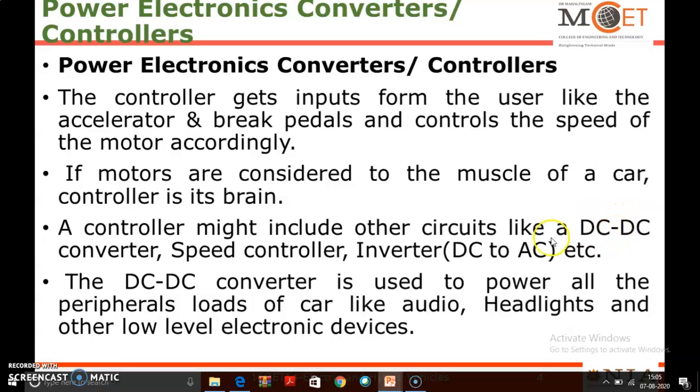And the DC to AC system is an inverter system, which is used to power up the electric motor for achieving the regulated speed and regulated torque to drive the mechanical drive system of the electric vehicle.